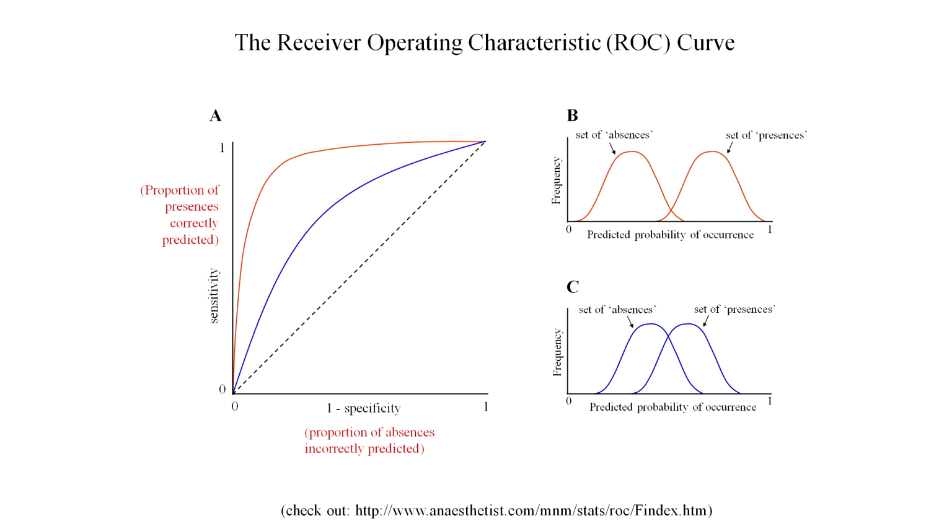If these two frequency plots were entirely on top of each other, then in effect we'd have no way to distinguish between the two of them, and as we move from 0 to 1 in terms of changing our threshold, we would just be plotting this 1-to-1 line, because you'd be decreasing the number of presences and absences that you're getting correct just at random, basically. You'd have no way of distinguishing between presences and absences.